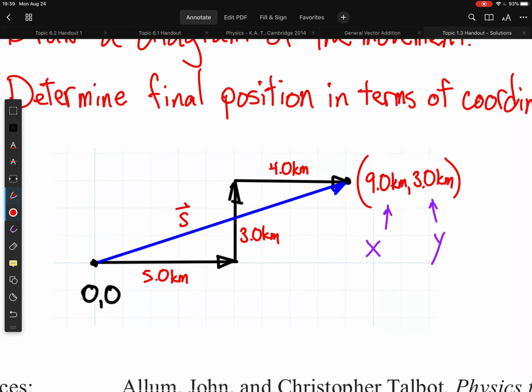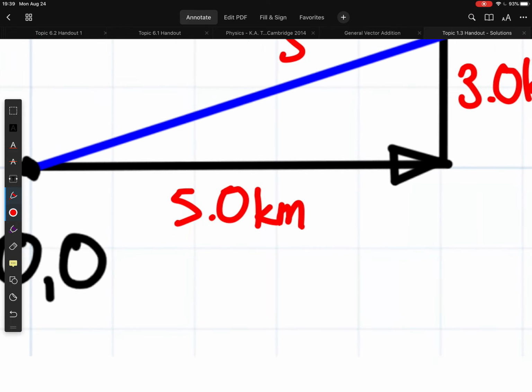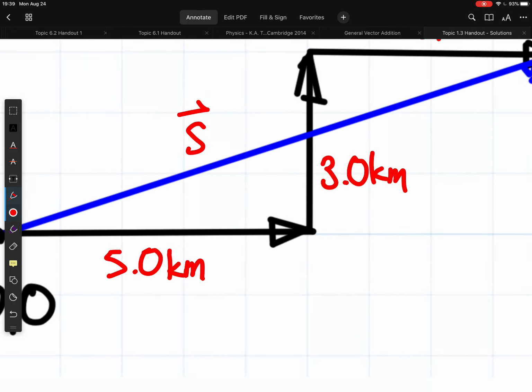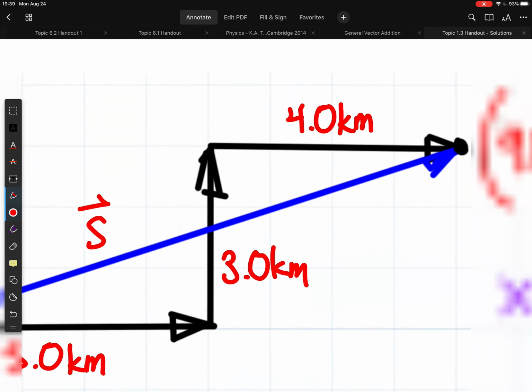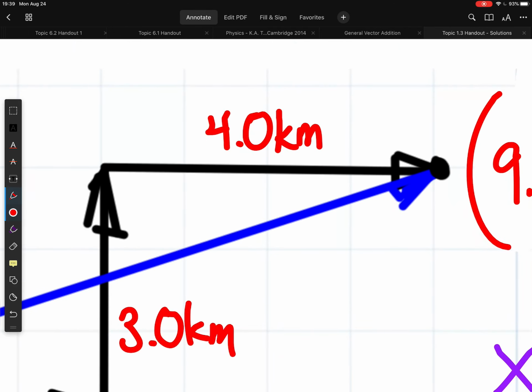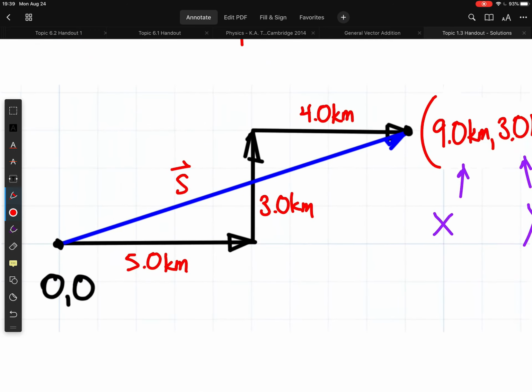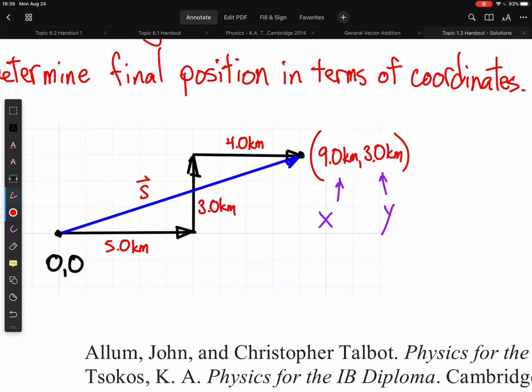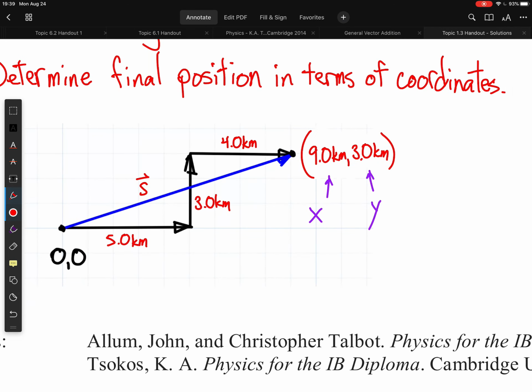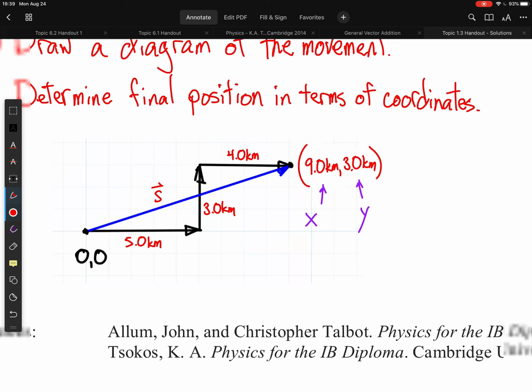So I've shown a diagram of that right here, where you can see we're moving 5 kilometers to the east, we're moving 3 kilometers to the north, and we're moving 4 kilometers again to the east, as instructed. I then have drawn this blue vector, and I've named this blue vector S. The reason I've named it that is because that is the vector name that we use for displacement, as you will see in topic 2.